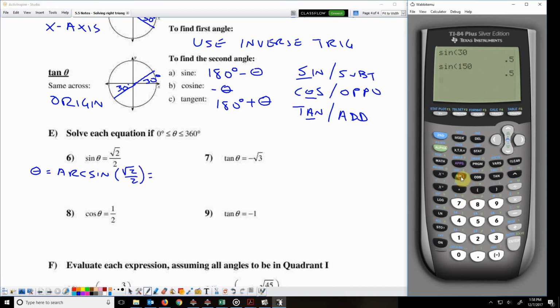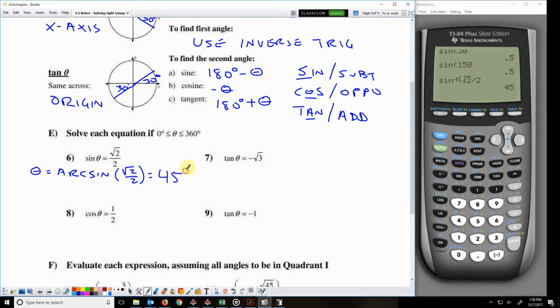So second sine square root of 2/2, and that's 45. So the first angle is 45 degrees. So sine has an S for subtract. 180 minus 45 is 135. That's my second angle.